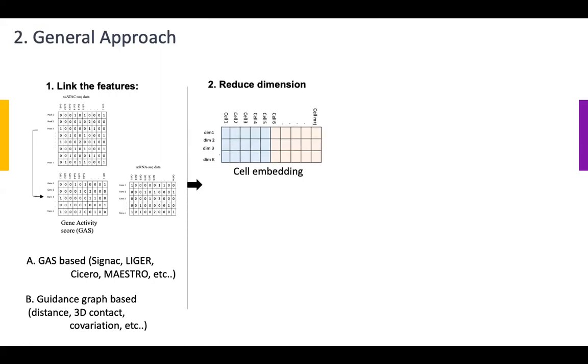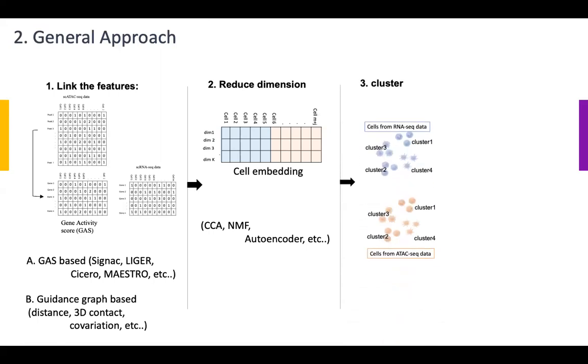The next step is dimension reduction. Because the data is sparse and high dimensional, we reduce it to a lower dimension. This is a very crucial step, and many approaches have been developed to do this. Next, we calculate the cell similarity based on the embedding and cluster the cells.